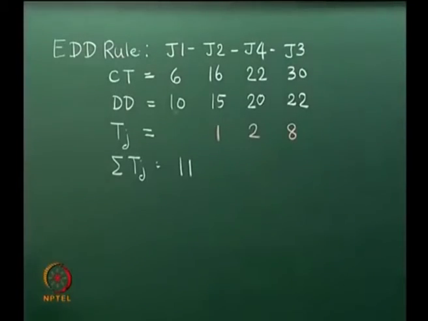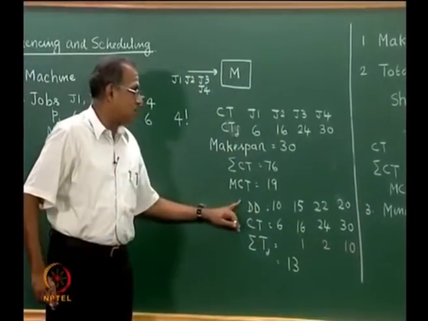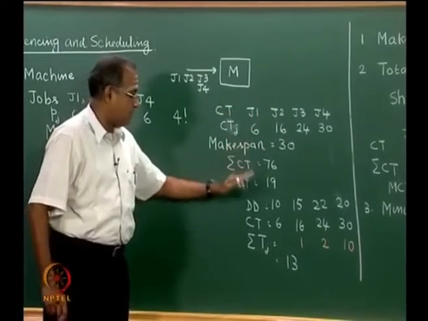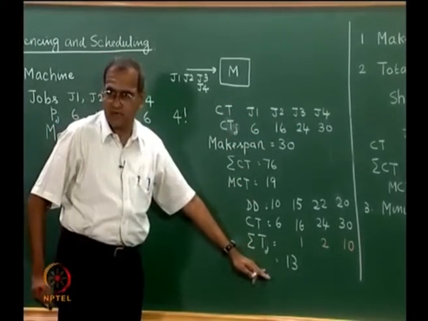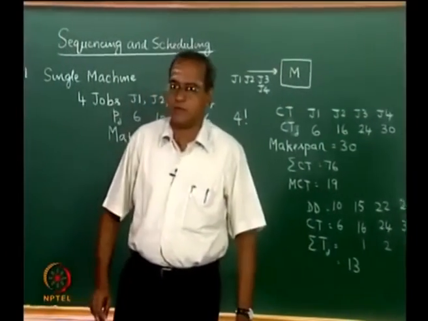For example, we showed some calculation here. When we used the rule J1, J2, J3 and J4, we found that the total tardiness was 13. The earliest due date rule gives us a total tardiness equal to 11.